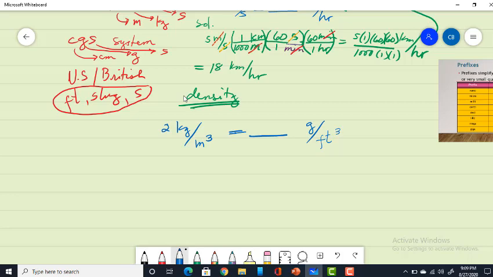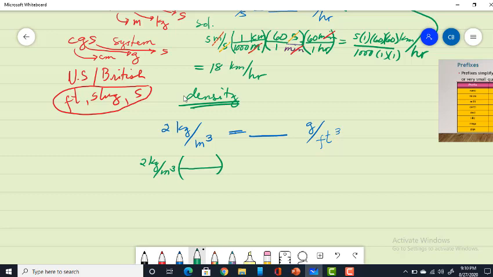Okay, so again, our process, copy first the given. The given is 2 kilogram per meter cube. So write first the given, 2 kilogram per meter cube. And then what you're going to do, multiply this with a quantity equal to 1, focusing on the units that you want to convert.